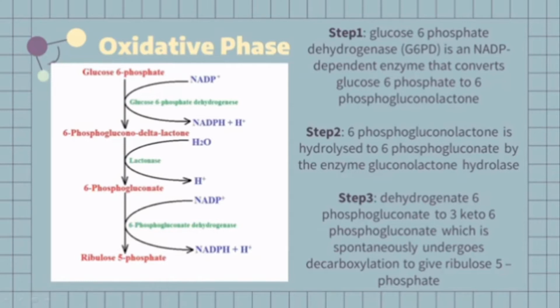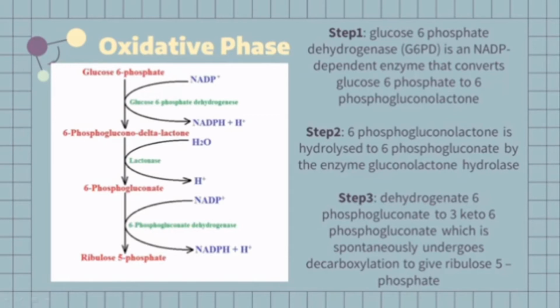The oxidative phase starts with dehydrogenation at the C1 atom of glucose 6-phosphate, a reaction catalyzed by glucose 6-phosphate dehydrogenase, or G6PD. The reaction product is 6-phosphogluconolactone. Conversely, NADP plus is reduced to NADPH during this process.